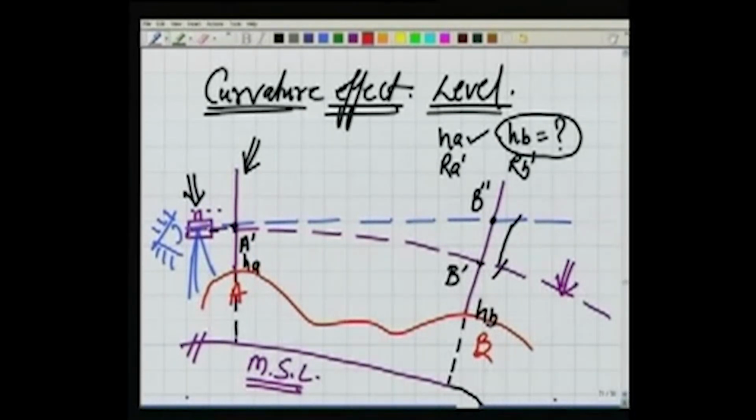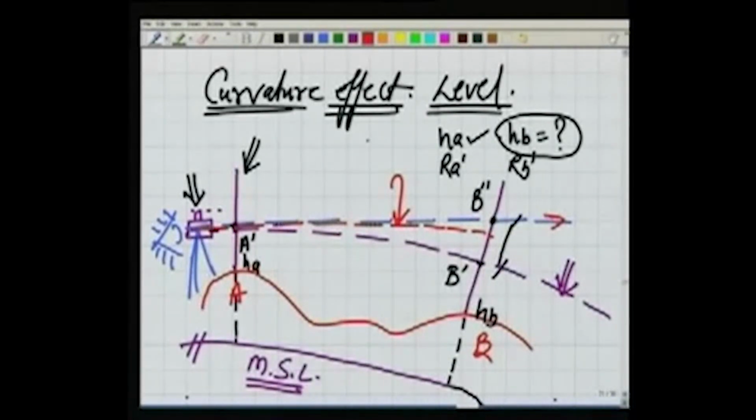So if I draw, due to the effect of atmospheric layers, for an average condition, we don't see exactly along the horizontal line, rather we see along a little curvature, and this curvature has been found to be 1/7 of the curvature of the earth.